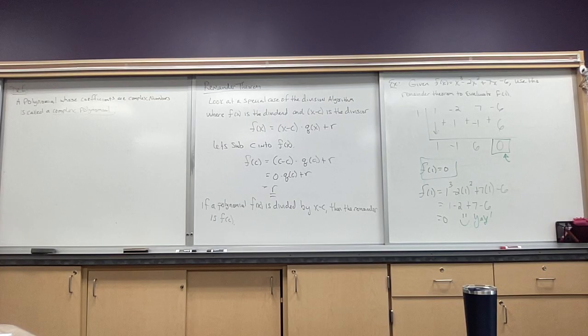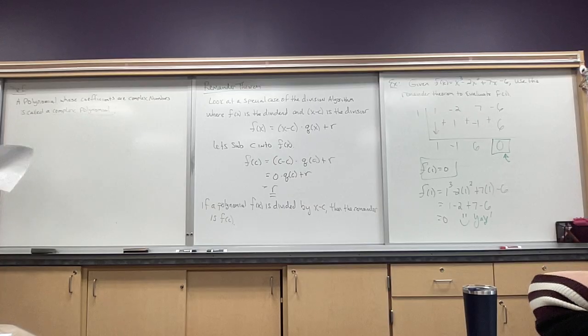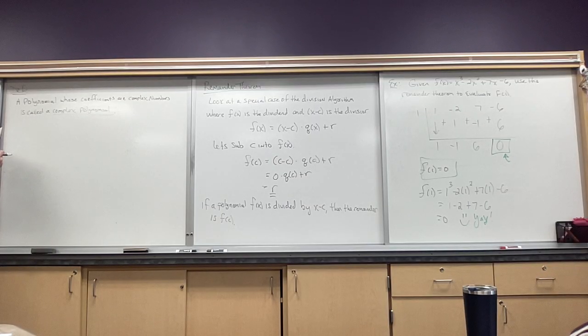We're not going to worry too much about dividing a complex number into a complex number and stuff like that. We kind of did that already, multiply with a conjugate for that to work. But for this case, I'm going to teach you how to do it using synthetic division, okay?